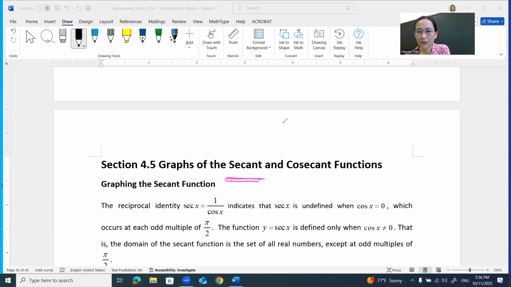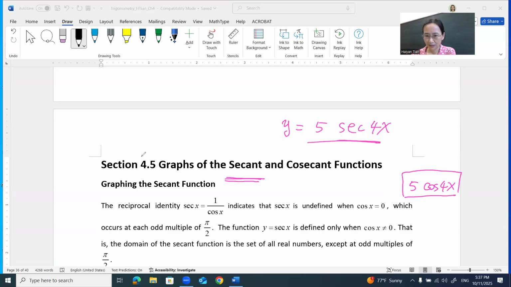Suppose my goal is to graph 5 secant 4x, for example, then we can do a sketch of 5 cosine 4x. Once you get this one function, then using the method we talked about earlier, we can get the 5 secant 4x.